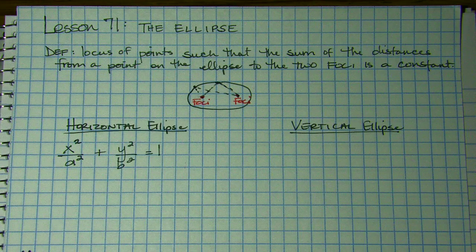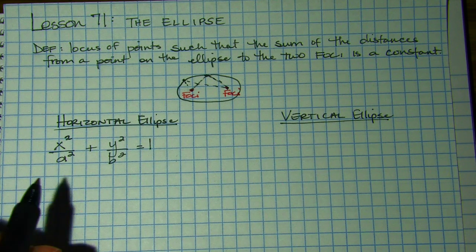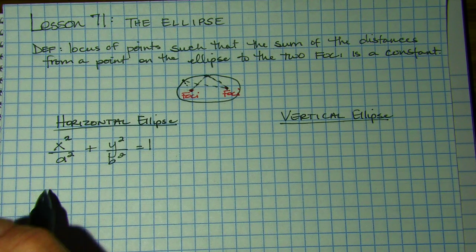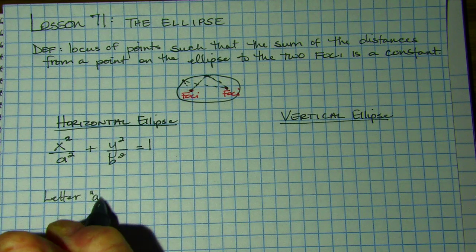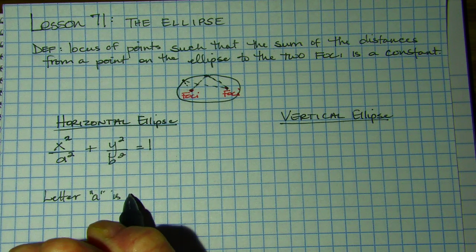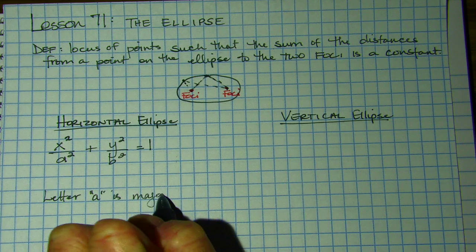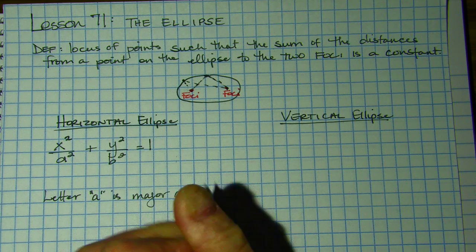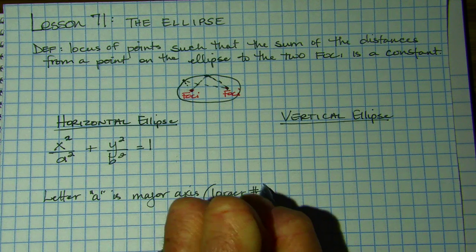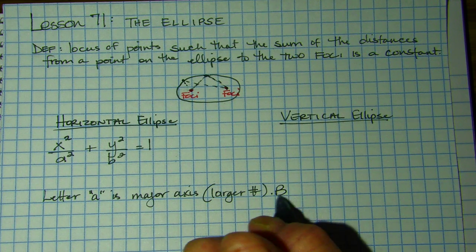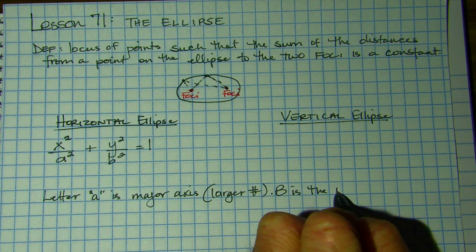Now, in this case, I know it's horizontal because the letter A is the major axis. And in other words, it should be the larger number. B is the minor axis.